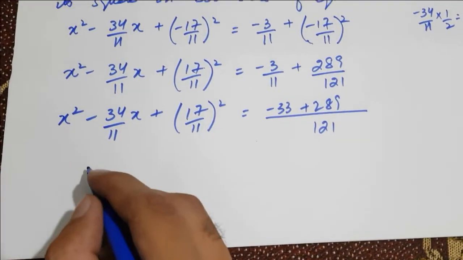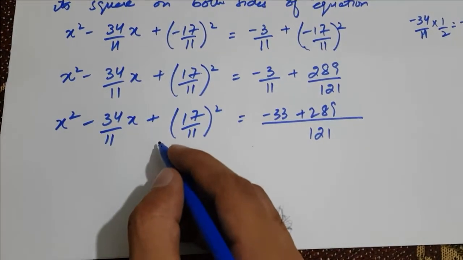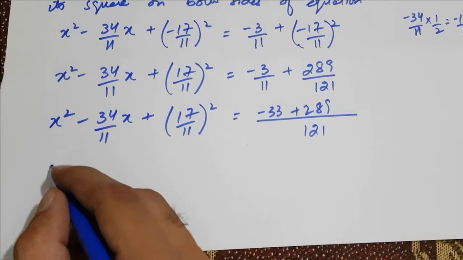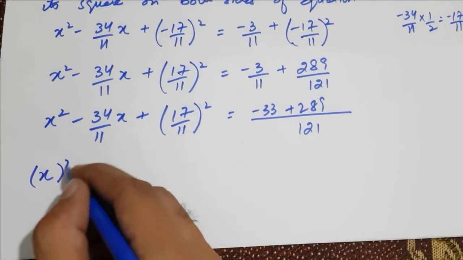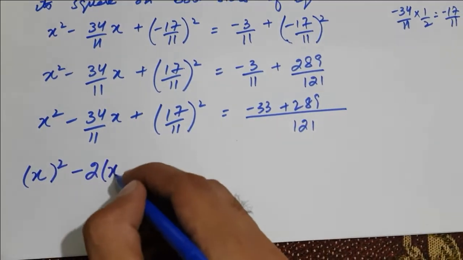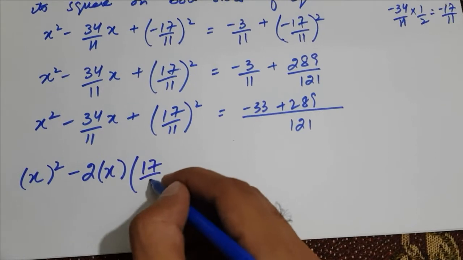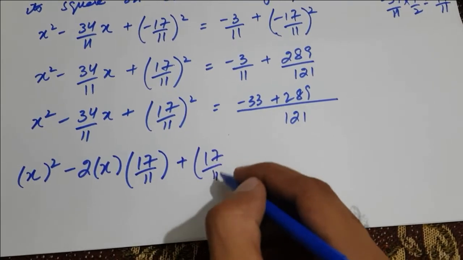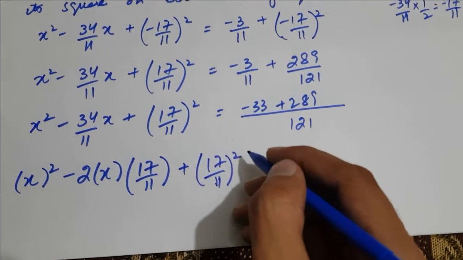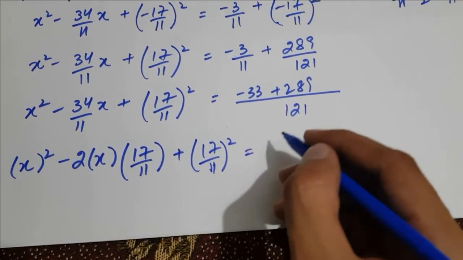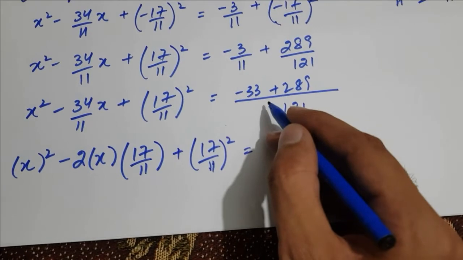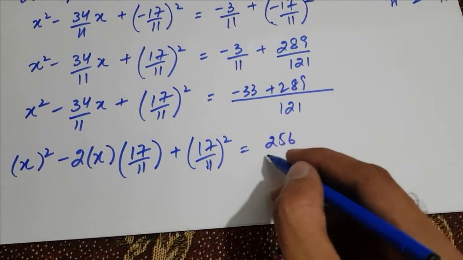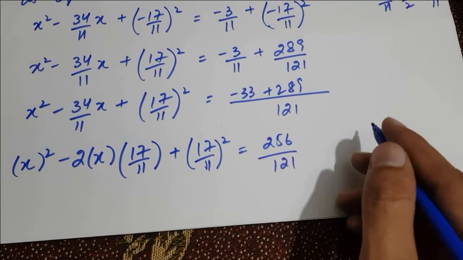So on the left hand side we can write the above expression in the form as x whole square minus 2 times first term into the second term plus 17 over 11 whole square. Here we get 289 minus 33, we get 256 over 121.